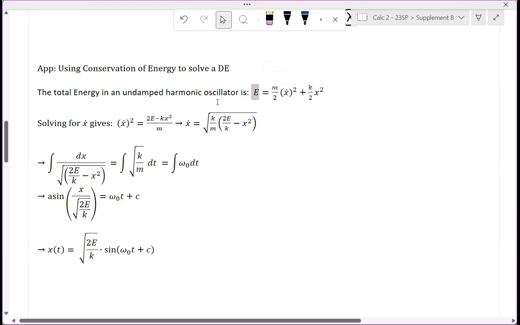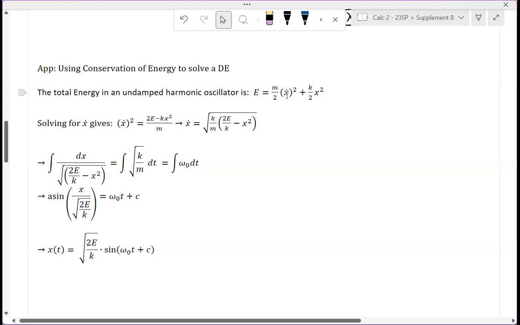I could consider the total energy to be constant. It being undamped is actually kind of important for that, but the energy is constant. And the energy is made up of kinetic energy, m v squared over 2, right? 1/2 m v squared, where v velocity is the time derivative of position.